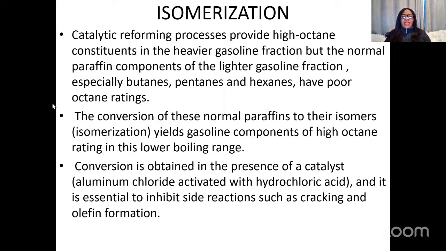Conversion is obtained in the presence of catalysts, aluminum chloride activated with hydrochloric acid, and it's essential to inhibit side reactions such as cracking and olefin formation. So basically what we're aiming to do is isomerization.